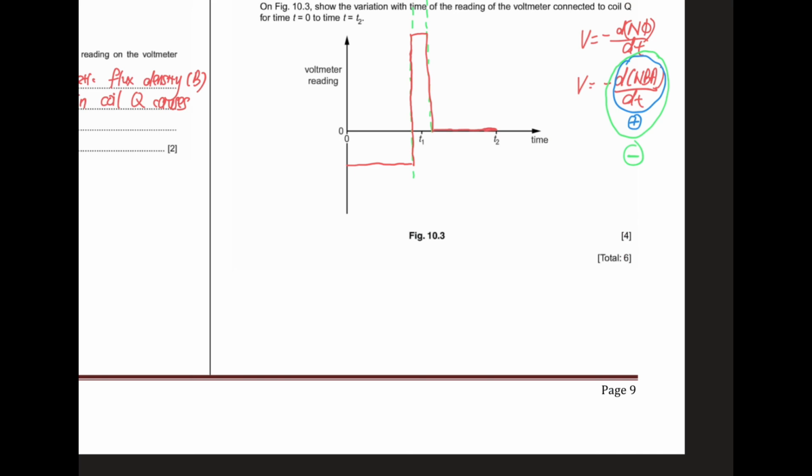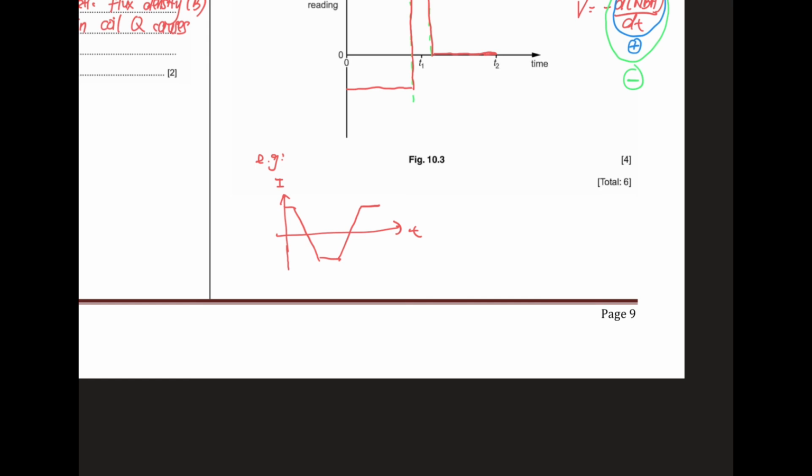I just tell verbally. If let's say I give another example, if my I versus T is like this, then how is my EMF induced versus T?